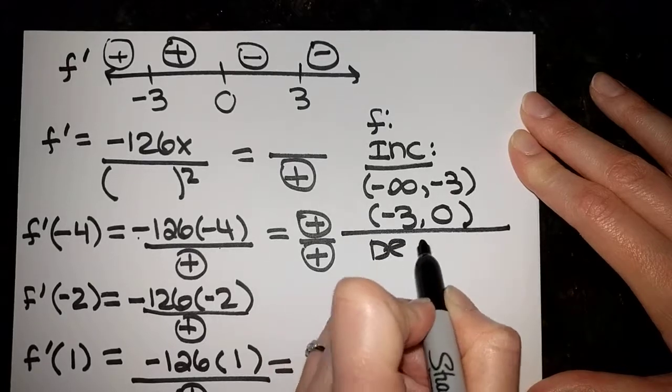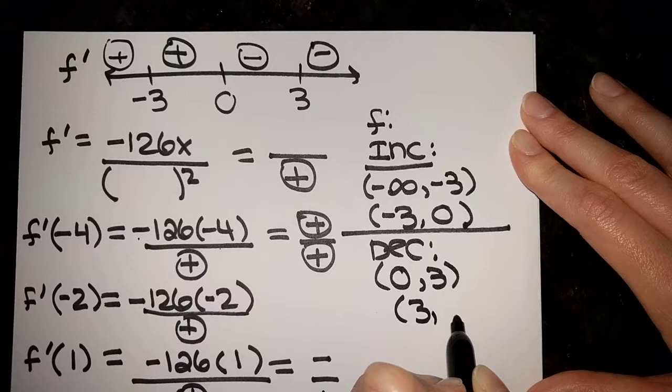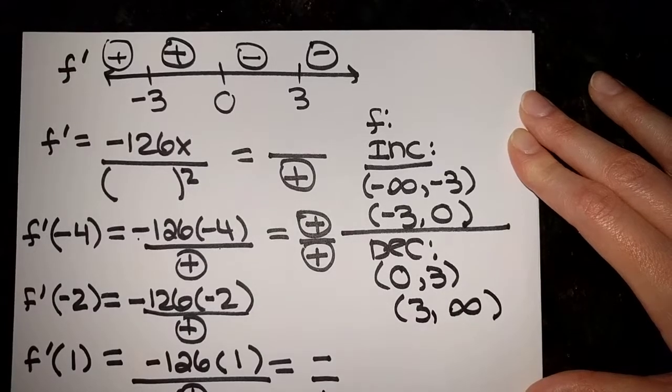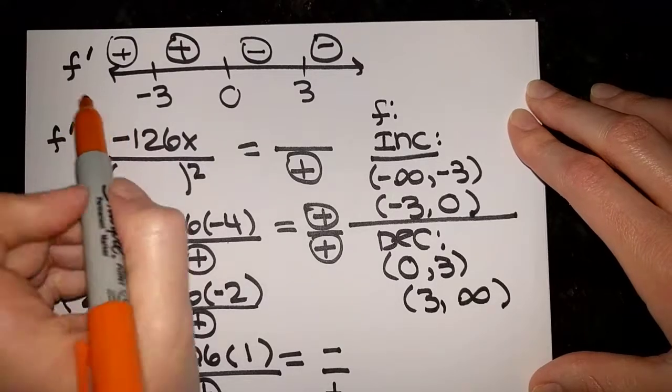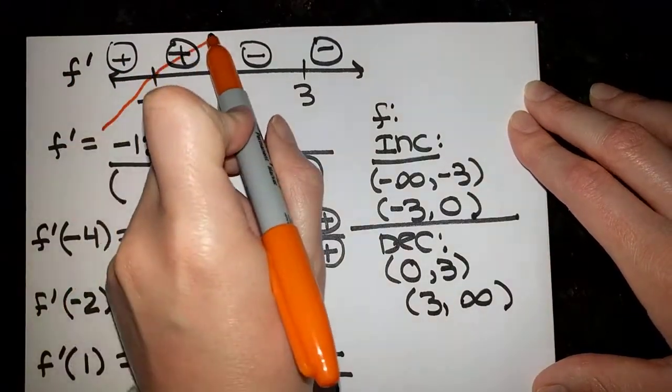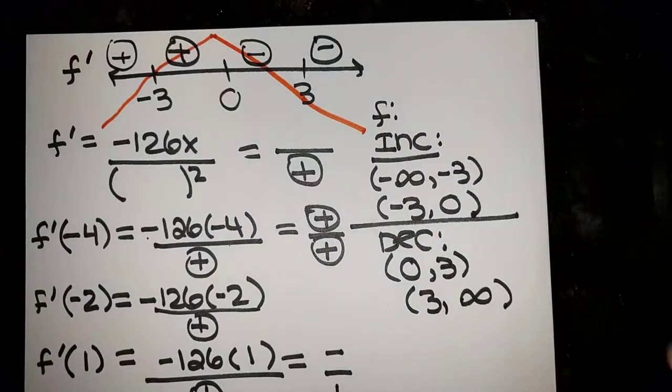And then you want it to be decreasing from 0 to 3 and 3 to infinity. Okay? Now, in terms of the relative min and max, this is telling us that we increase, we continue to increase, then we decrease, and we continue to decrease. So there's only one extreme point, and that extreme point happens at 0.